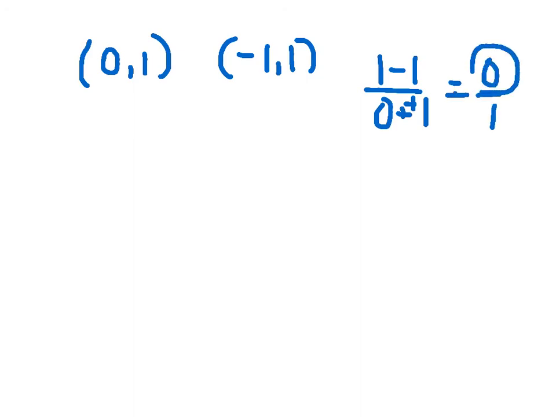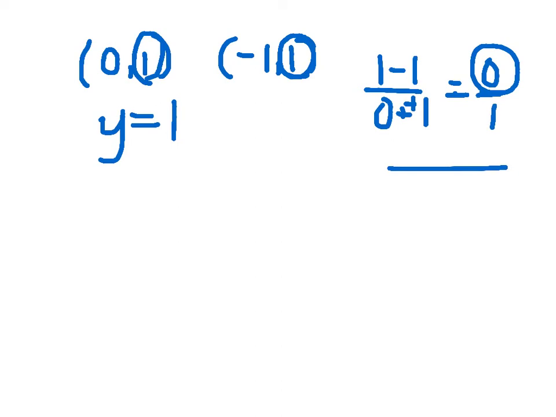I've got 0. Remember, slope of 0 means horizontal line. Horizontal line means y is all the same. And in fact, if you noticed in 2 points that y is the same, that means y is always that number. So in this problem, y equals 1. That is the equation of the line.